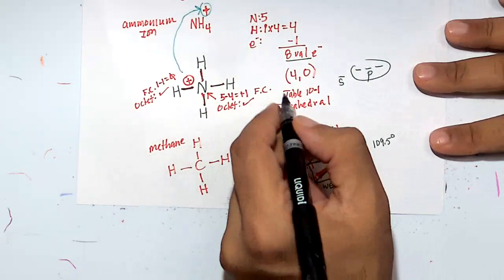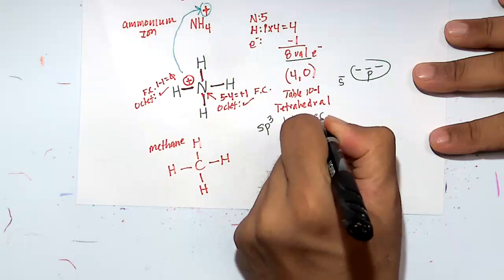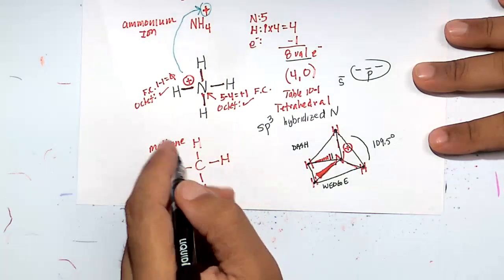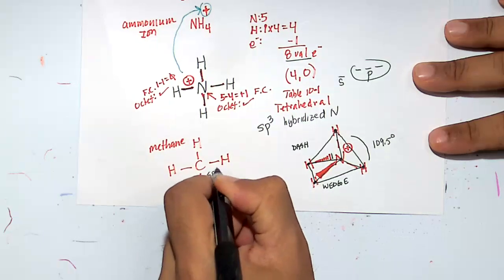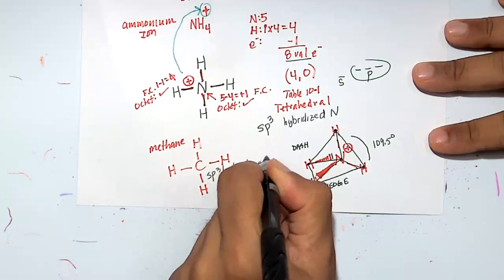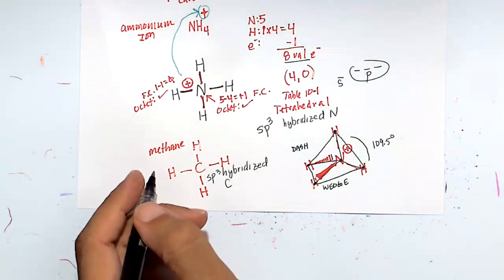So yes, sp3 hybridized nitrogen. Same thing, this would be an sp3 hybridized carbon. 4 bonds, 0 lone pairs.